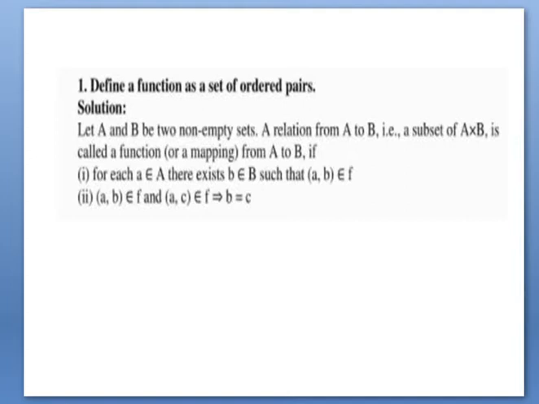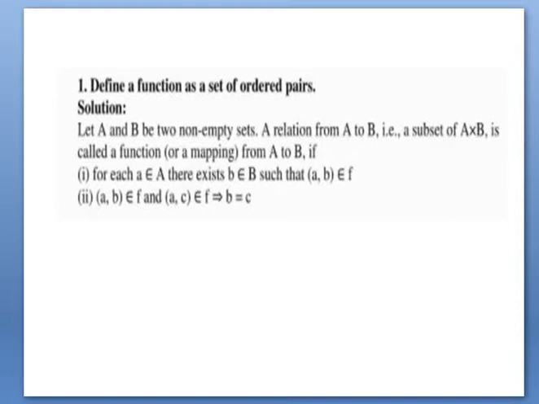A relation from set A to B that is a subset of A cross B, that means a subset of the Cartesian product of A and B, is called a function, or sometimes we may call a function a mapping also. So always remember, mapping and function are the same thing.